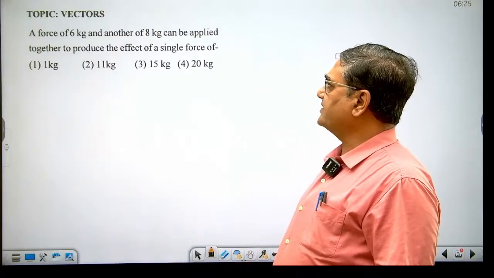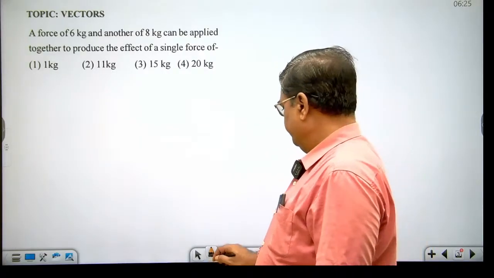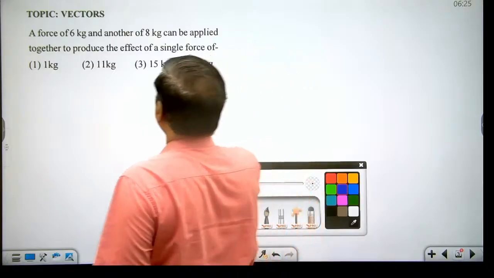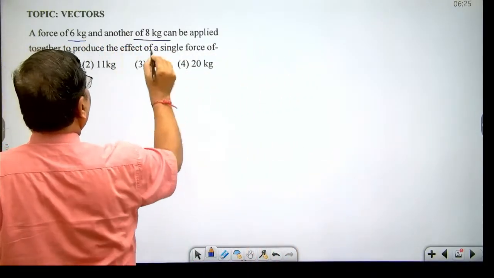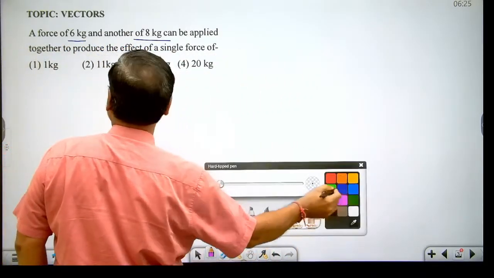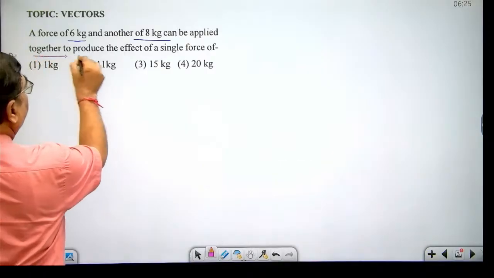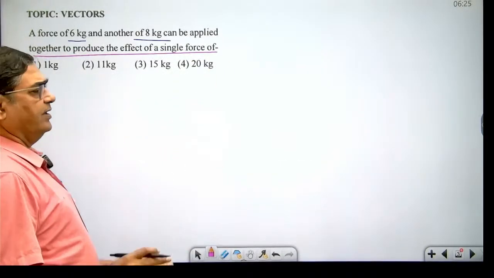A force of 6 kg and another of 8 kg can be applied together to produce the effect of a single force of.